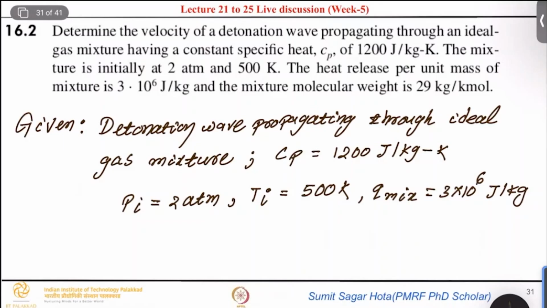Q of mixture is the heat release per unit mass.